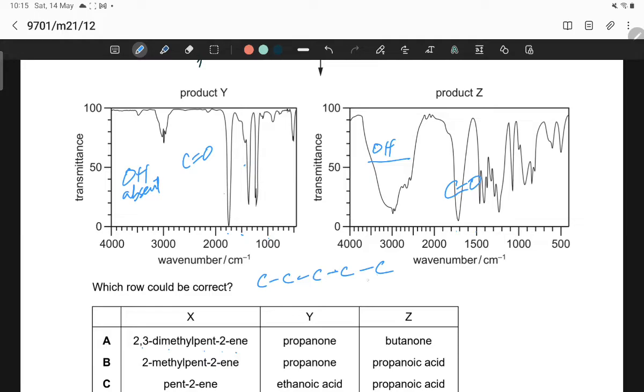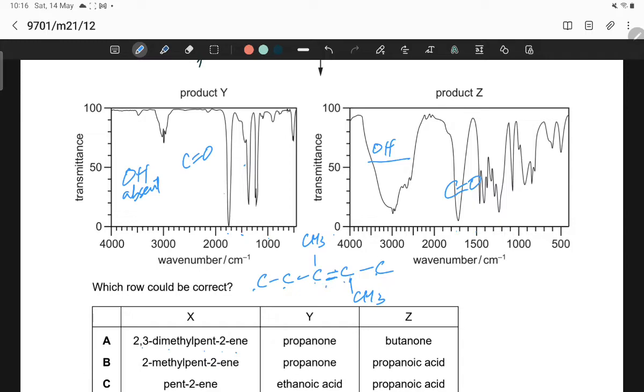X could be 1, 2, 3, 4, 5, with 2,3 CH3 and CH3, 2-ene.